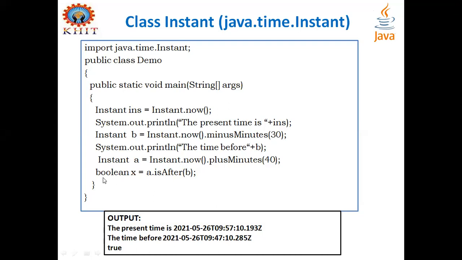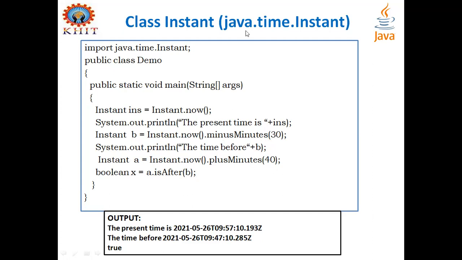There is one Boolean variable, A.isAfter(B), which returns a Boolean value. I'm calling the isAfter method through object A, which is the plus one, and B is the Instant object with minutes subtracted from now. When A is after B it gives true, otherwise it gives false.